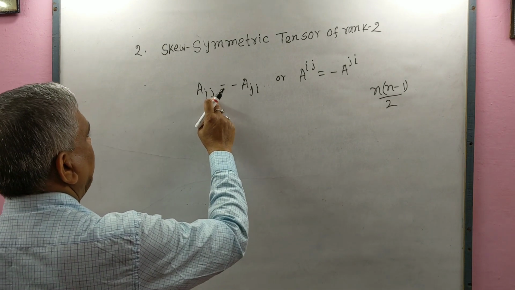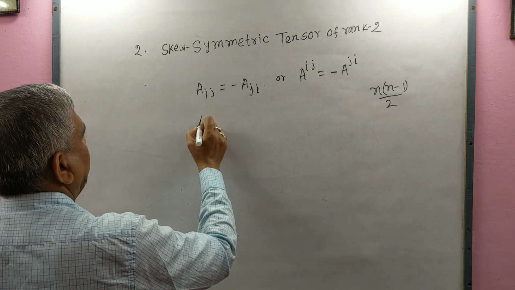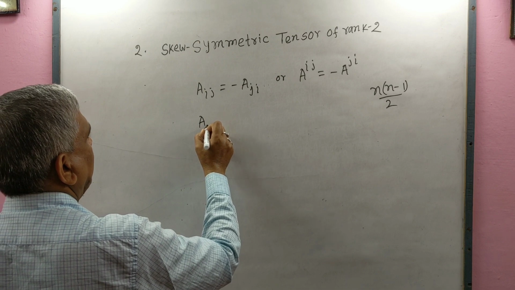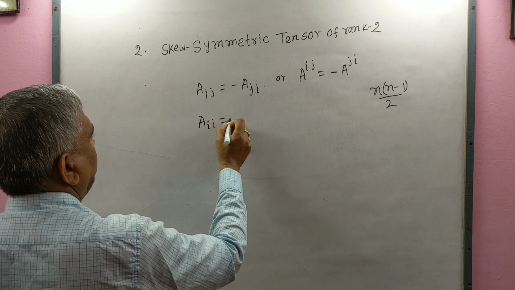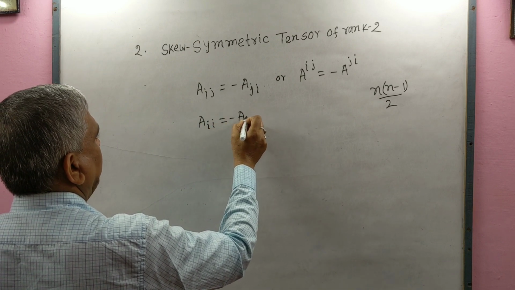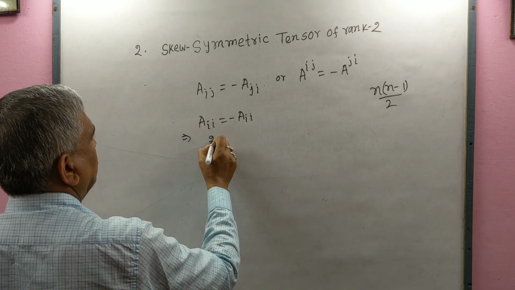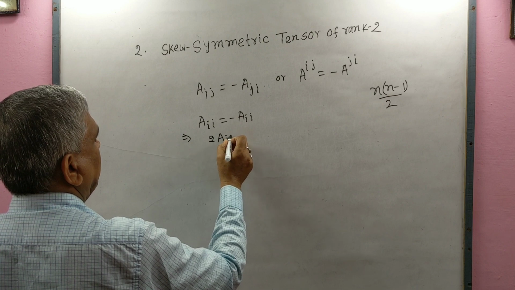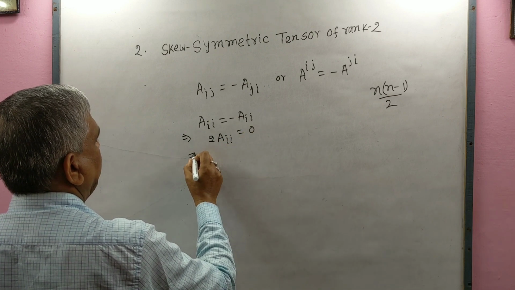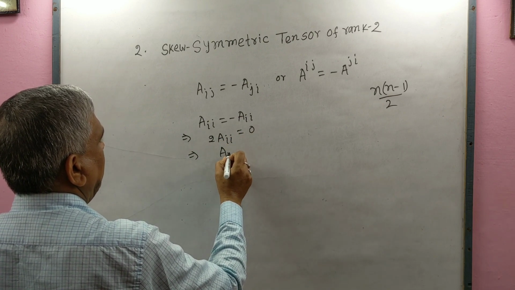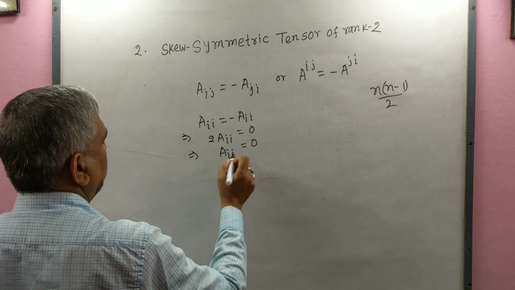Putting j equal to i, we get Aii equal to minus Aii, which implies 2Aii equal to 0, which implies Aii equal to 0.